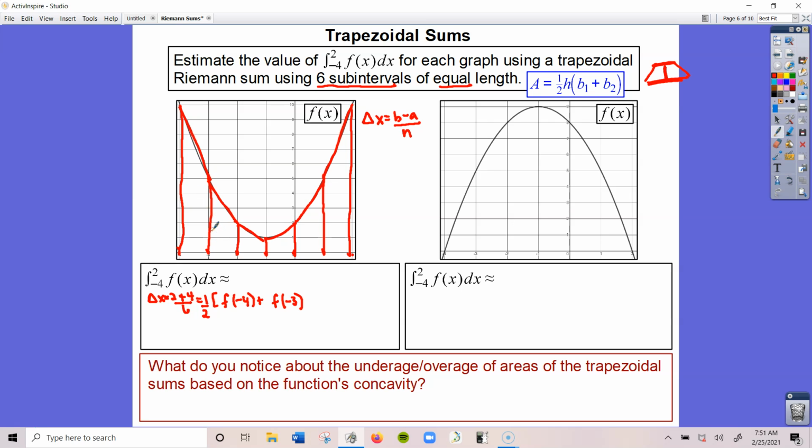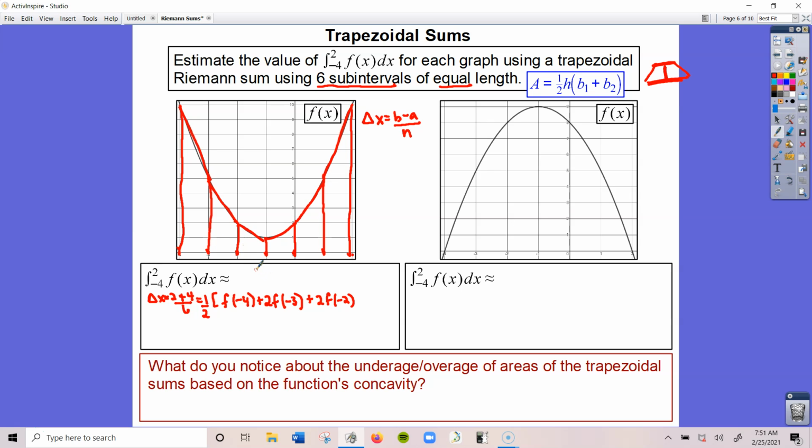Now my second trapezoid is f of -3 again plus f of -2. So I'm going to repeat f of -3, so I can just put 2 because I'm going to add another f of -3. Plus, now I'm going to put 2 f of -2, and this is because at -2, that's the base for this trapezoid as well as another base for this trapezoid.